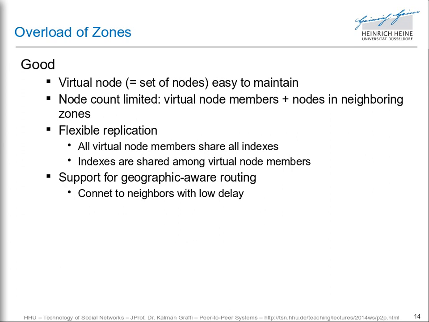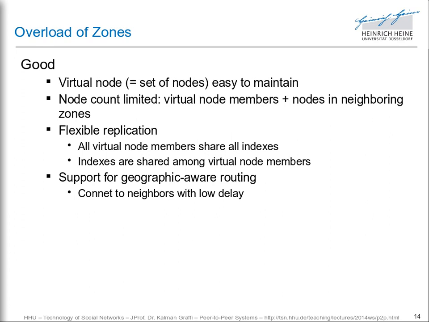Okay, first of all, the advantages, the benefits of overloading zones. We have virtual nodes, which are easy to maintain. The node count is limited per virtual node. And we have flexible replication, as all nodes in one virtual node share the same objects.